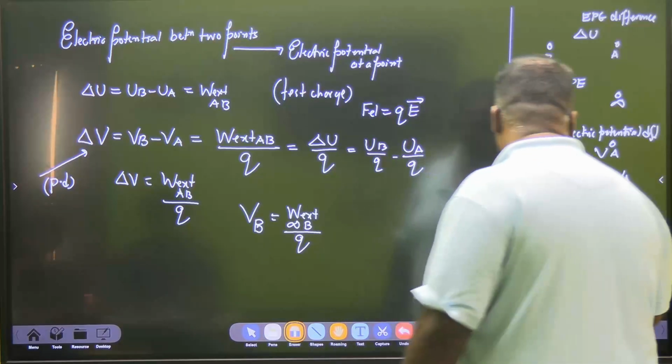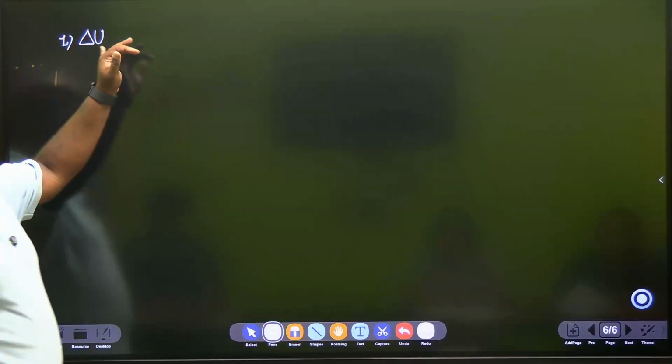So, at the end of the day, 3 things we have studied. Delta U, which is known as, can you tell me what was delta U? I don't want formulas. What is delta U? Delta U is the difference in electric potential energy. Delta U is potential energy, but we are studying what? Electrical system. If it was the spring system, it is the elastic potential energy. If it was the earth and the man being pulled up, it was the gravitational potential energy. Here we are studying electric potential energy.